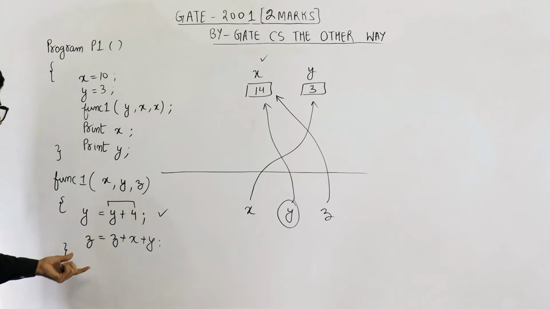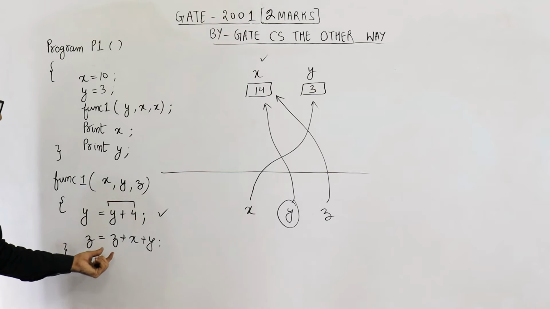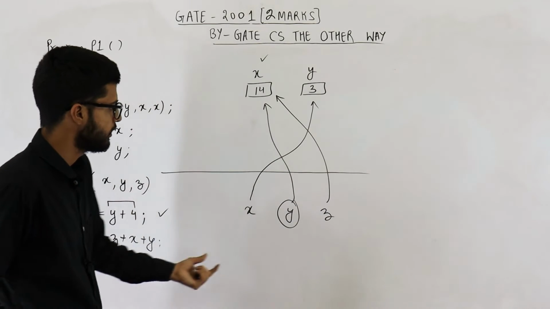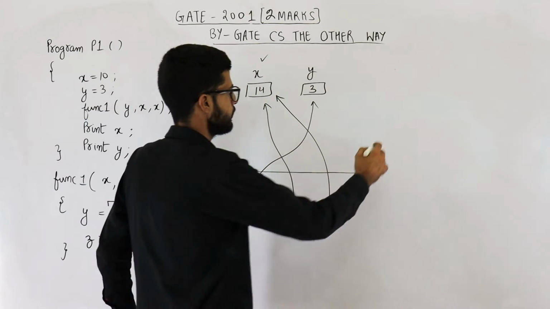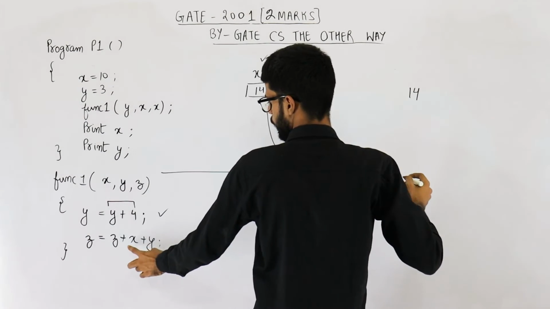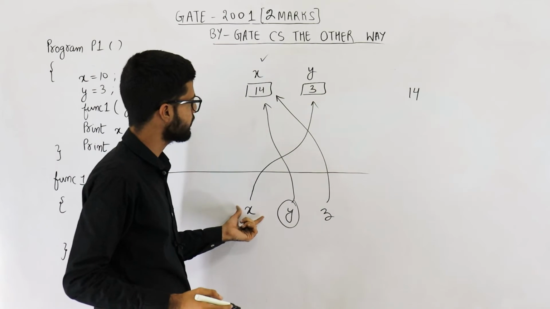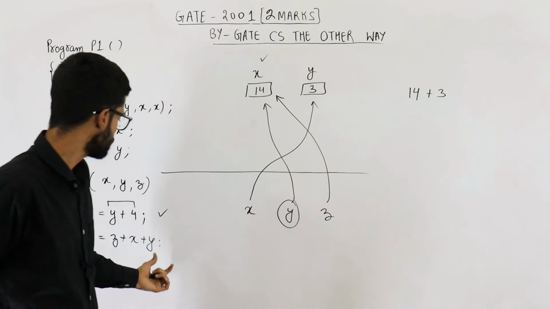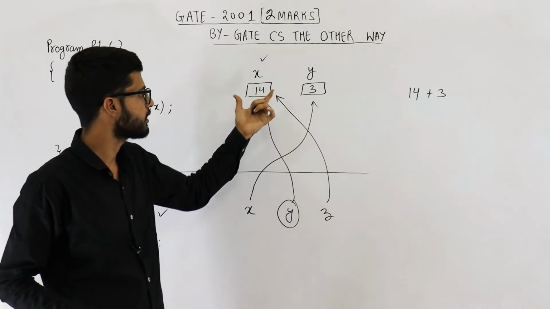In the next line, we are saying z is equal to z plus x plus y. So solve this RHS. What is z? z is 14. Then what is x? x is 3. So 14 plus 3. And the last one is y. What is y? y is again 14.